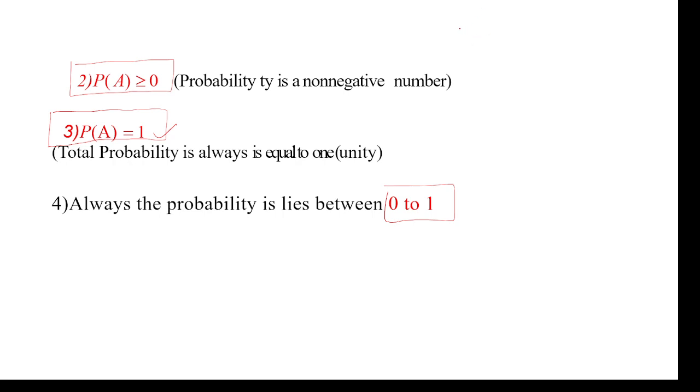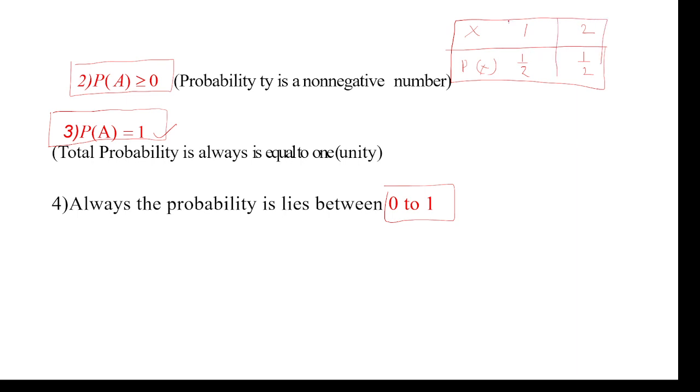We can see this with the same experiment. If you toss a coin, the probability to get head is 1 by 2, and the probability to get tail, which is assigned 2, is also 1 by 2. So what is the maximum probability here?